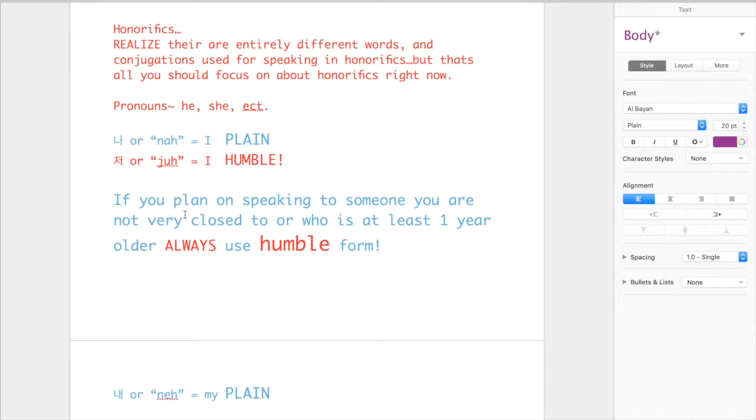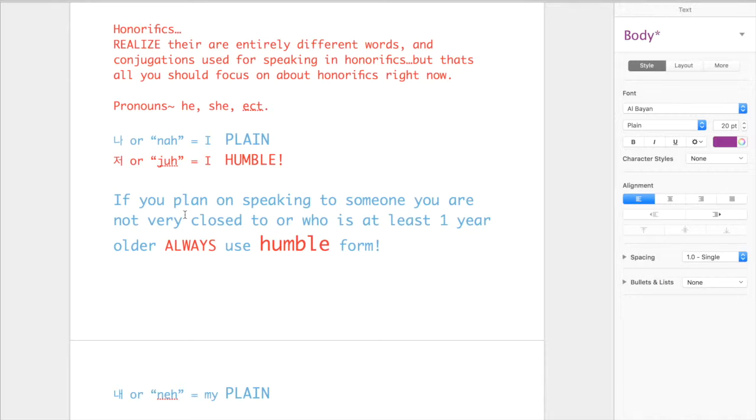So basically, I feel like when you're a beginner, all you really need to know about honorifics is that it's a thing. And so if you're watching a drama or something like that and all of a sudden it's all Greek to you, like you were understanding some words here and there, but now you can't even understand the word eat, or now you can't even understand the word meal, it's because there are different words for these very basic things. They're just honorific.